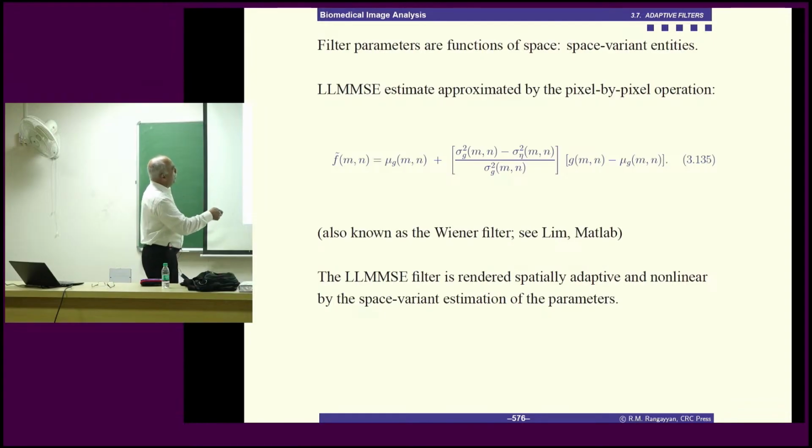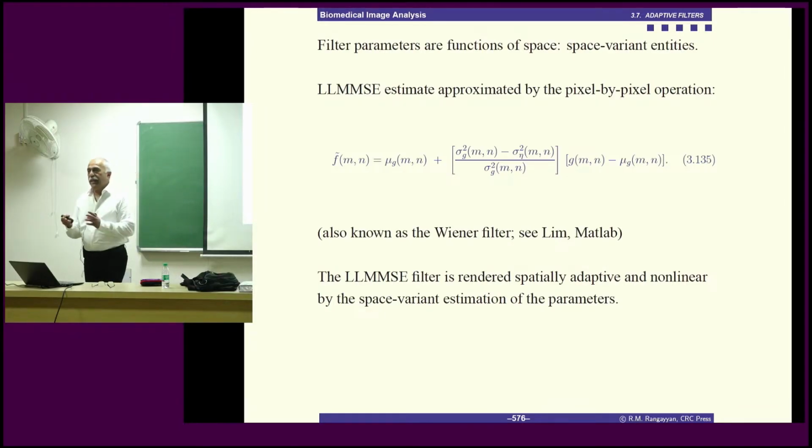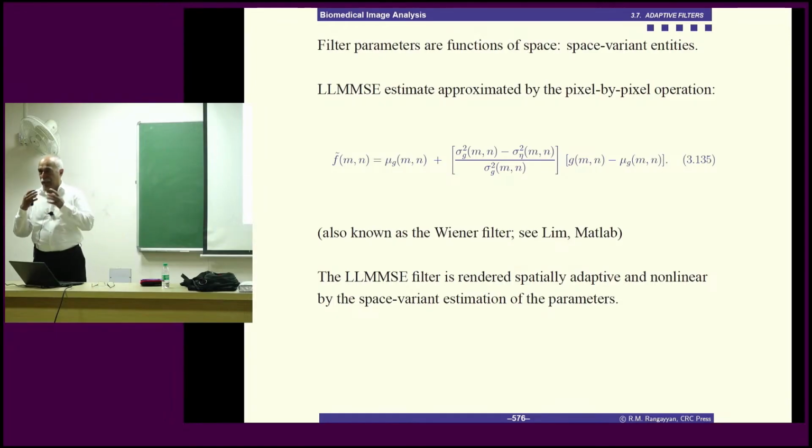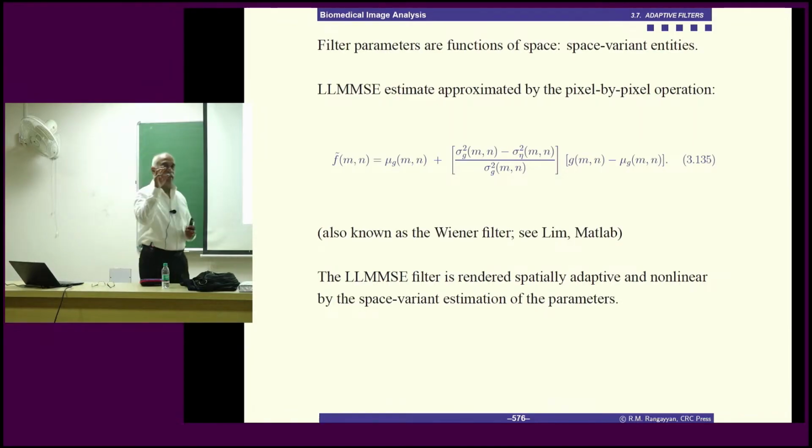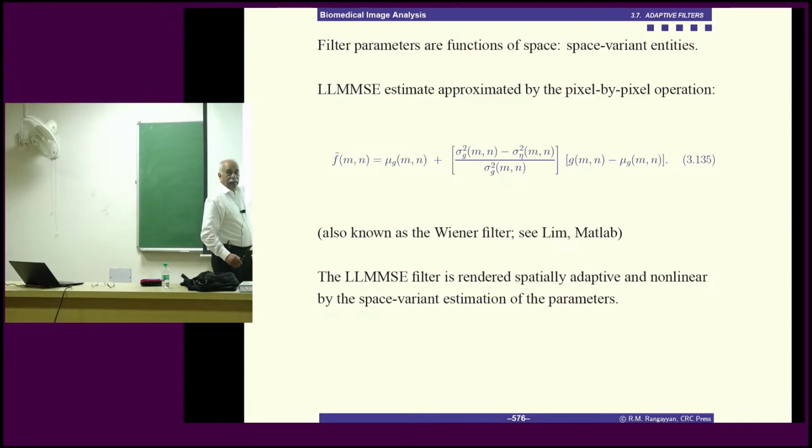So what is mu G? Mu G is a local mean, which is like a low-pass filter version of the given image. When you take the local mean, the 3x3 mean filter we saw, it is a local mean, and that is a low-pass filtered output of the image. So this is a low-pass filtered output at that location using a little window.